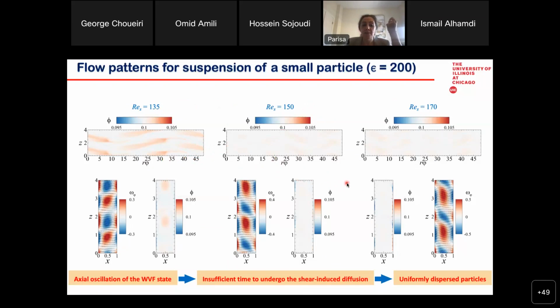In another scenario, the axial oscillation of the wavy vortex flow state will change, and by increasing the Reynolds number or rotation rate, there would be insufficient time for the particles to undergo the shear-induced diffusion, and then there would be uniformly dispersed particles, or in other words, this would help a lot with the mixing of the particles.